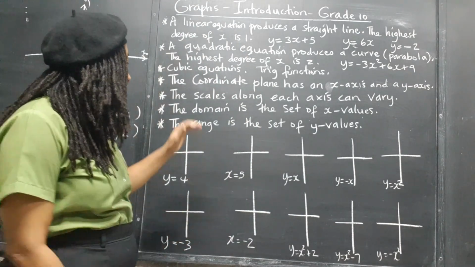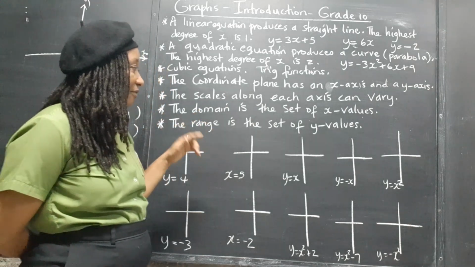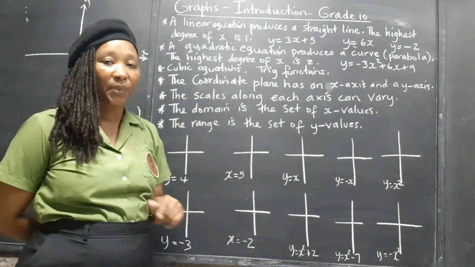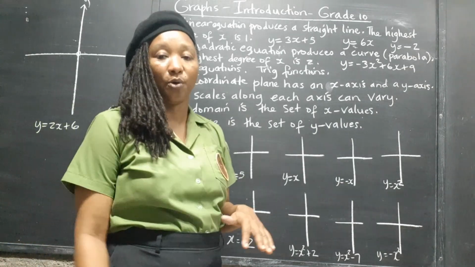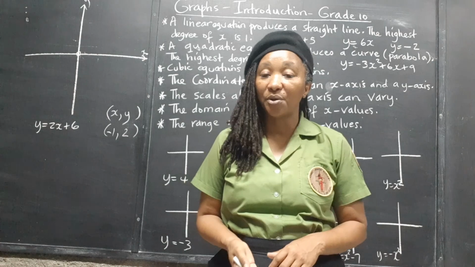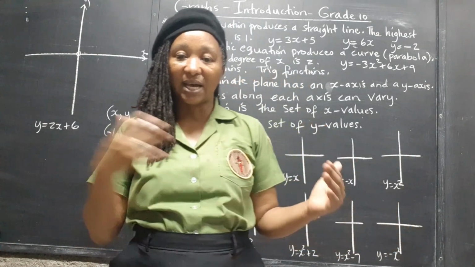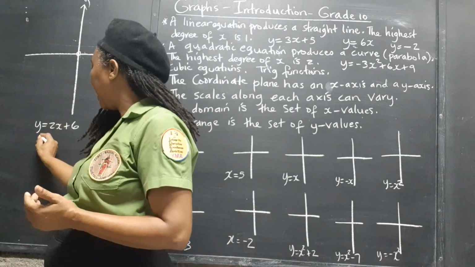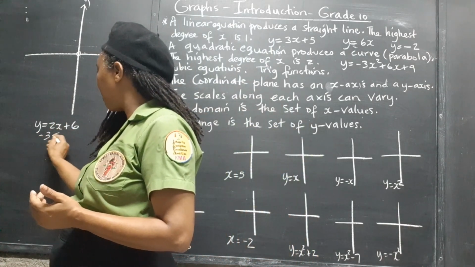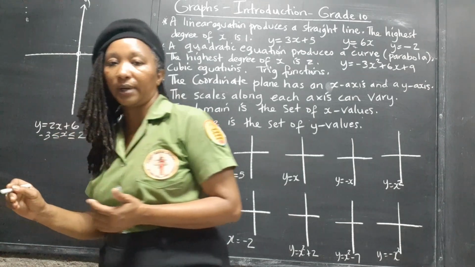Alright, now we talk about the domain and the range. So your domain is your set of x values, and your range is a set of y values. So usually you are given a domain, you are told let the x values be between this and that. So for example, here I'm going to say let the x values be between -3 and 2, right?